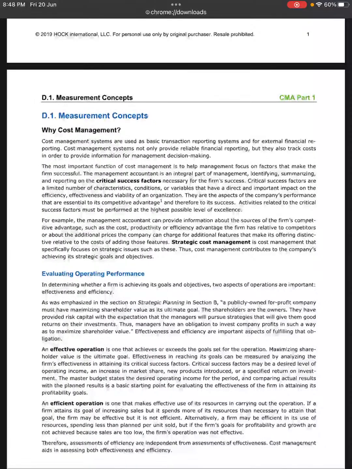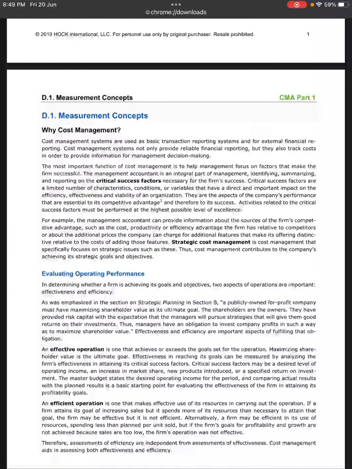The cost management accountant can provide information about source of fund, competitive advantage such as cost, productivity, and or efficiency advantage the firm has relative to competitors, or about the additional price the company can charge for the additional features that makes its offering distinctive relative to the cost of adding this feature.